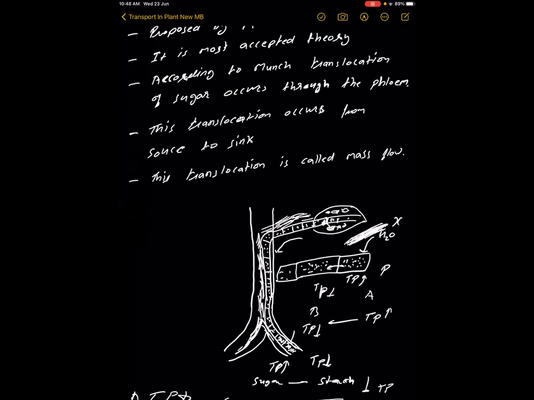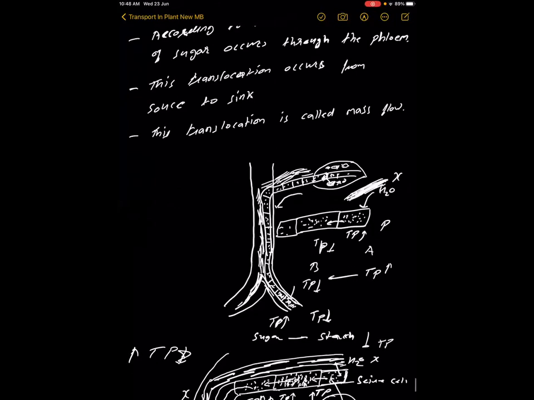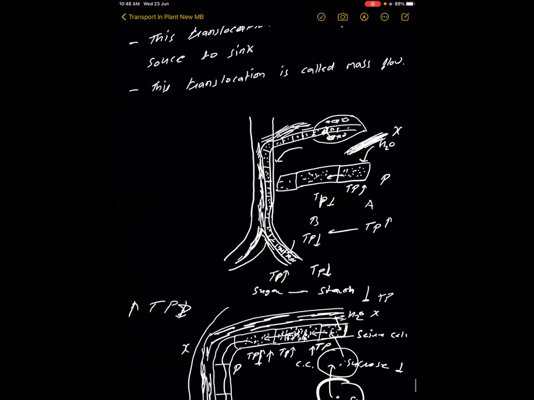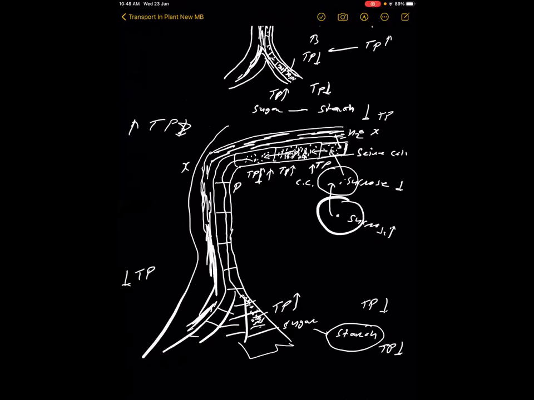So mostly fruit and root are sink points. So this translocation is called mass flow.